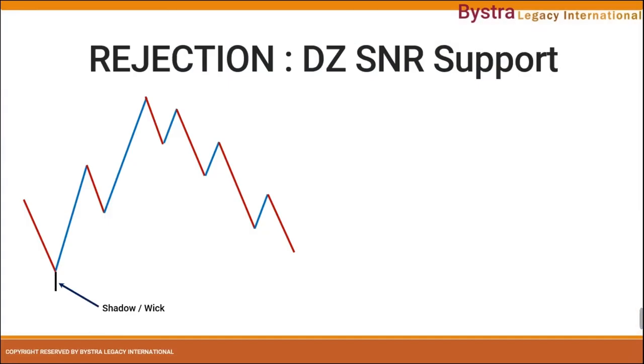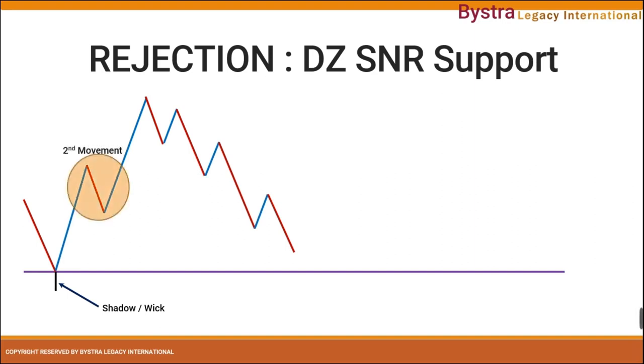Let's look at the first SOP. When the price comes to the danger zone SNR at the support, when there's a rejection, then we will look for the buy setup. So first, we move to the weekly time frame. At the weekly time frame, we mark the horizontal line. Next, we mark the second movement.